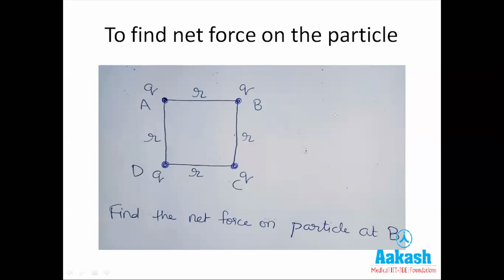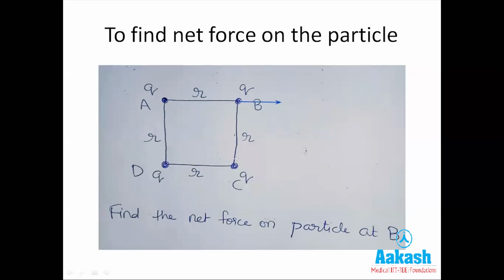As we can see, there is another problem in which we have to find the net force on the particle at B. In this question, there is a square. Each side is R. At the four vertices, four charges are present, and they are asking us to find the net force on the particle at B. So what we can do in this case is, on this B, due to A, there will be a repulsive force in this direction.